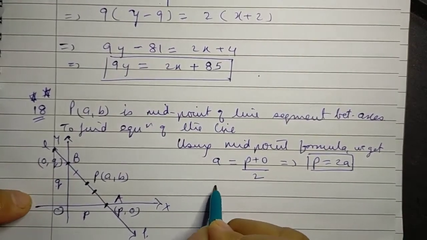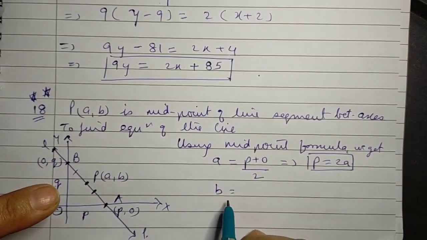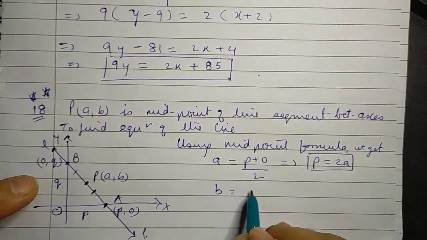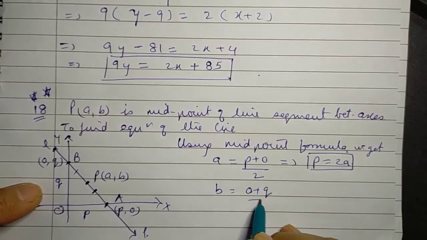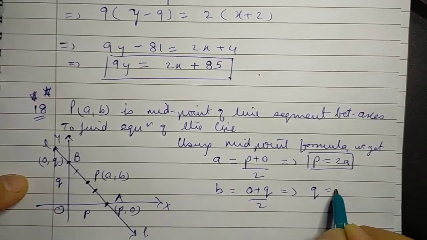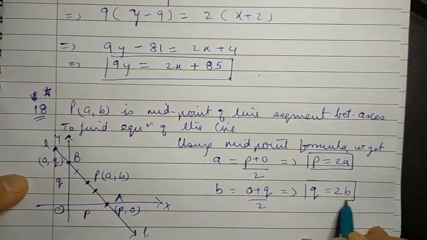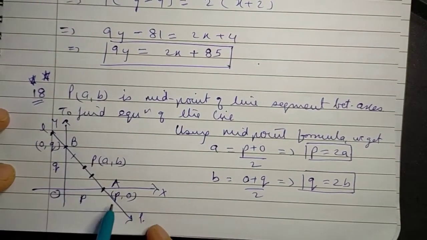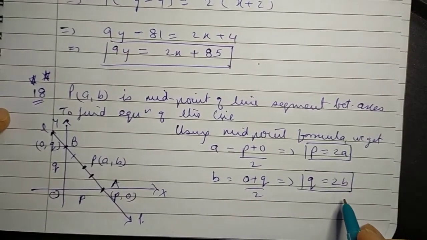Similarly, the y coordinate of the point is equal to 0 plus q upon 2, which gives us q is equal to 2b. So we have both the intercepts made by this line as 2a and 2b.